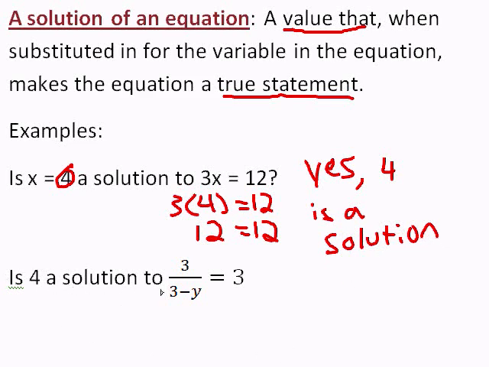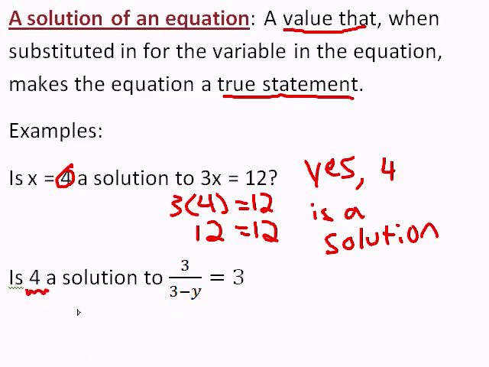Is 4 a solution to 3 over 3 minus y equals 3? Notice in this example, we were not told that y equals 4. If you only have one variable in your expression or equation, it is assumed that the value you're given goes in for that variable. In other words, y will become 4.